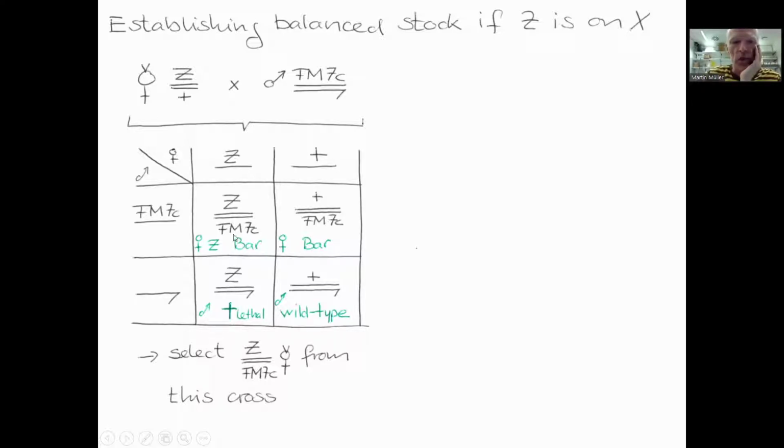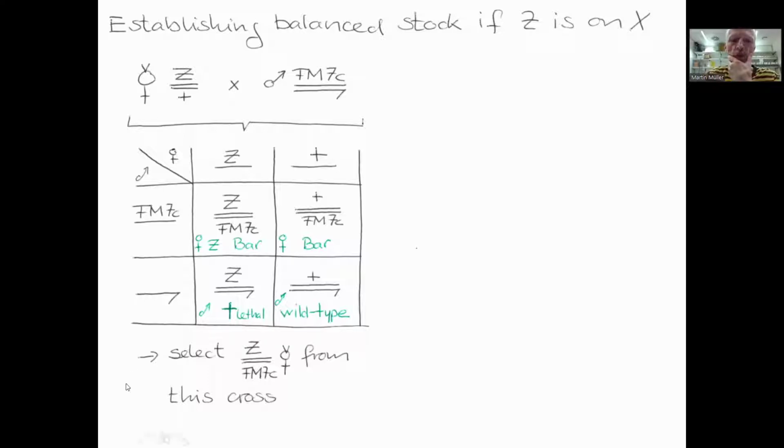And that is possible. FM7 has the dominant mutation bar, so we can identify it. We have Z, which we can see, it's dominant, and we see it's a female. The same is true here, except that it doesn't have Z. These guys are again lethal, these are wild type. So we are not there yet.